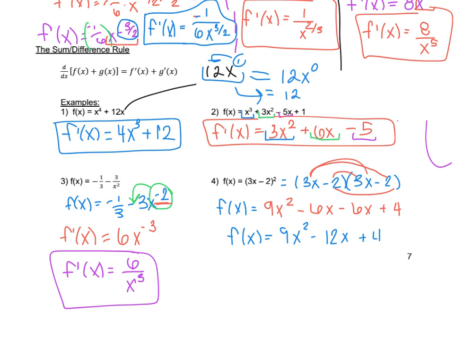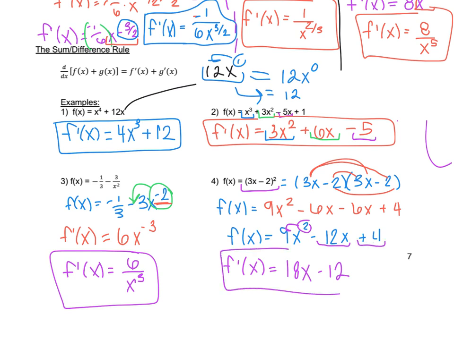Then we can directly apply that power rule. So once we rewrite it, so again, we've got something that's a quantity squared, rewrite it, then apply the power rule. So that would give us the derivative of applying the power rule to bring that down, multiply by 9, it would be 18x to the first, minus the derivative of 12x, which is just negative 12, plus the derivative of 4, which is just 0.